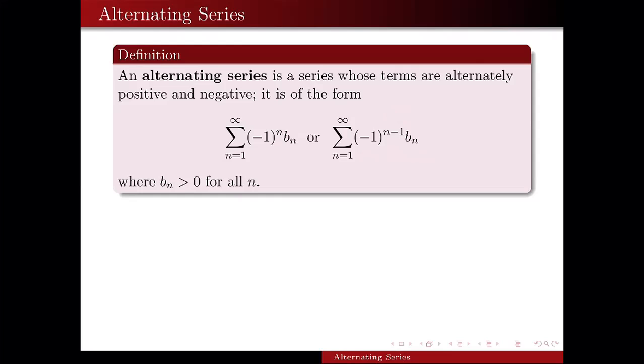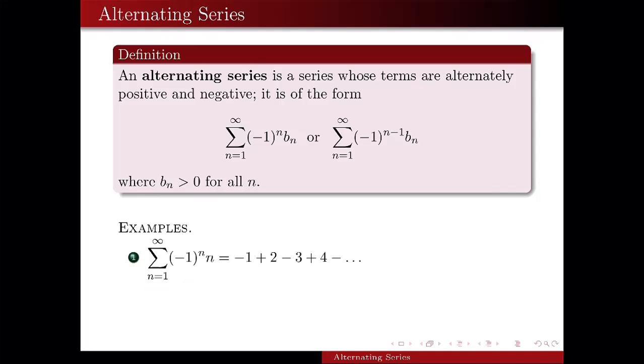Positive, negative, positive, negative. Now, if we have an alternating series, we can easily determine whether it is convergent or divergent. Let's have some examples of alternating series.